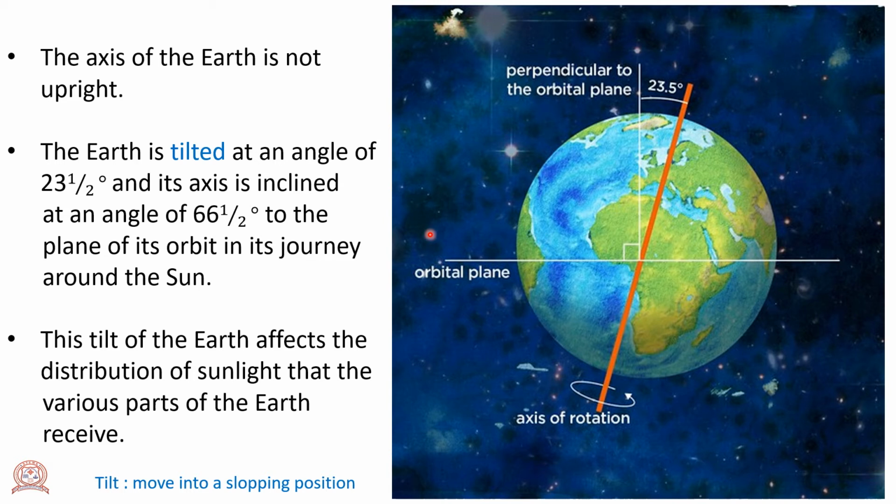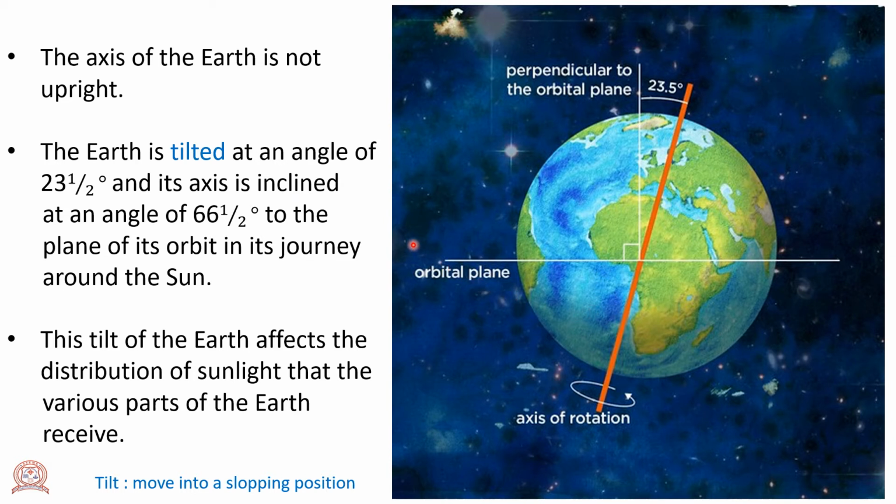That is, the sun rays fall directly on the equator. This is the equator. Equator means the imaginary line that passes through the center of the earth and divides the earth into two hemispheres, northern hemisphere and southern hemisphere.